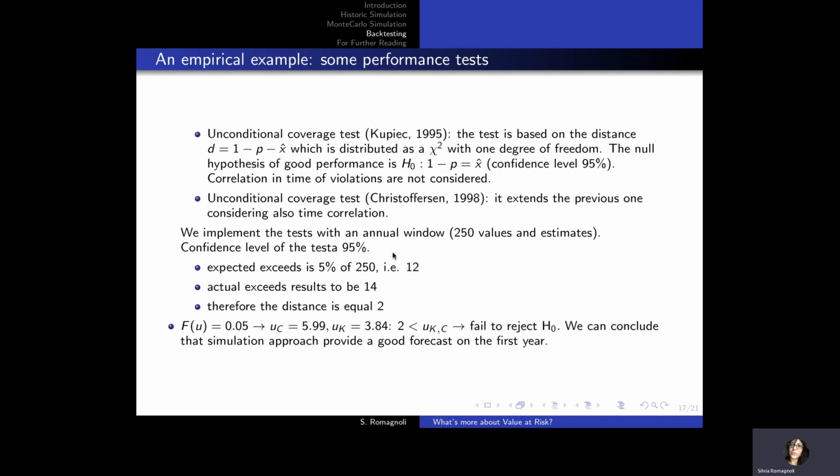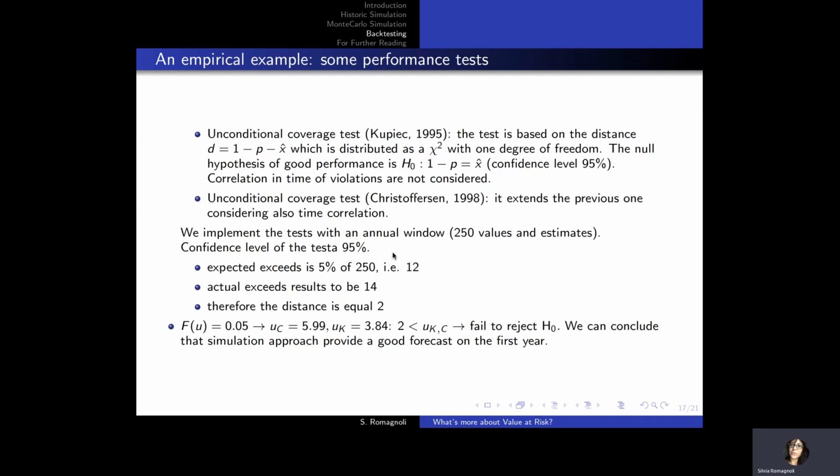Therefore, we recover the quantiles of this distribution at 5%. This way, we recover the test statistic for the Kupiec version equal to 5.99, while for the Christoffersen version equal to 3.84.